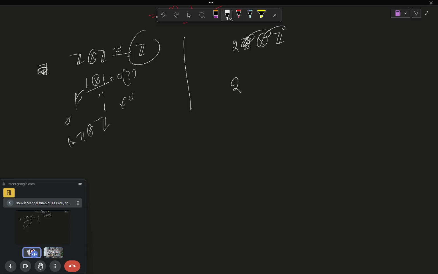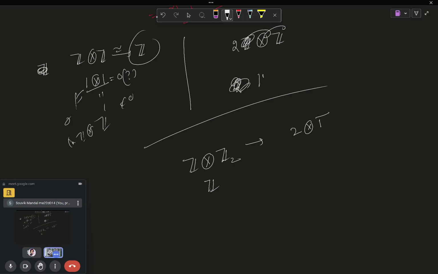Now consider the ring Z tensor Z. Now in this ring, consider the element 2 tensor 1 bar. Now tell me, about this 2 tensor 1 bar, using those properties.